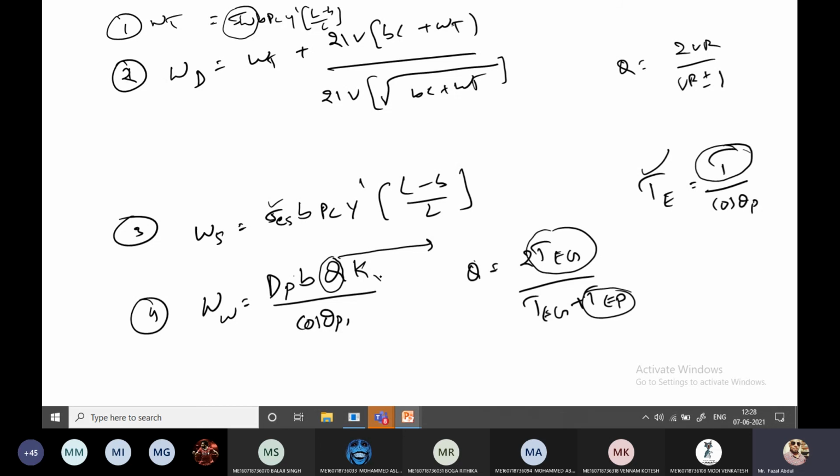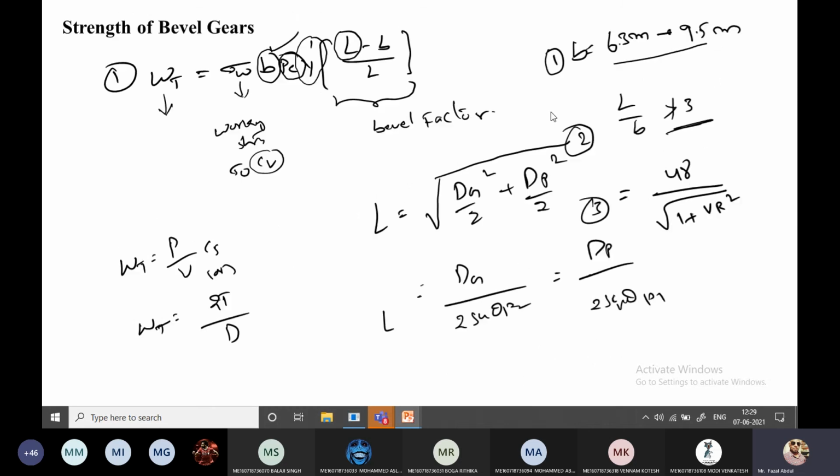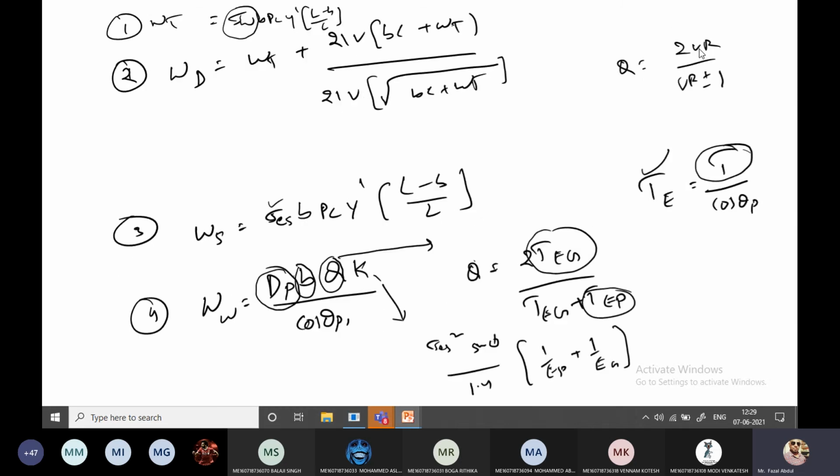And the K value is the load stress factor, with the same usual meaning: sigma ES square into sine phi by 1.4 into (1 by EP plus 1 by EG). And dp is the pitch circle diameter of the pinion. Face width, just now we wrote, that value is 6.3 module to 9.5 module.